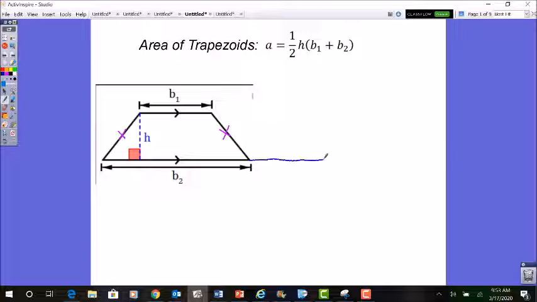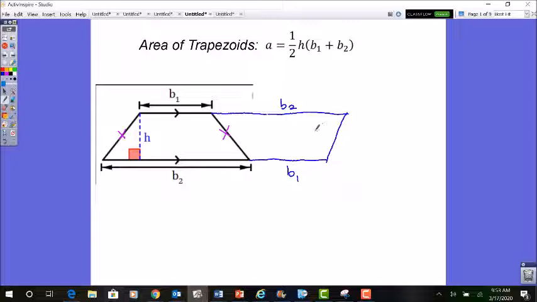I'm going to draw a line that's about the same size and label this base 1. Then you did the exact same thing with base 2 down here: you right clicked on it, hit copy, and pasted it up here, and I'm going to label this base 2.